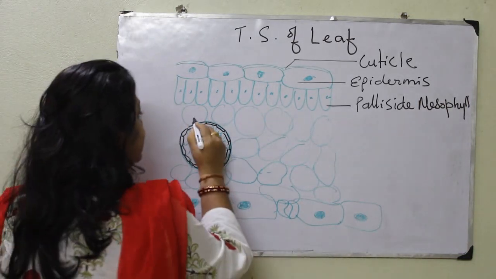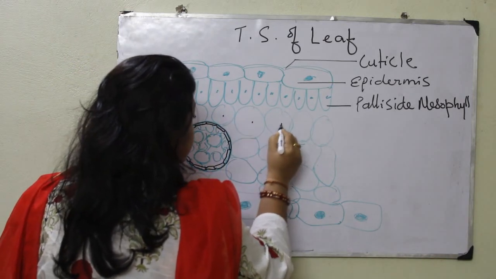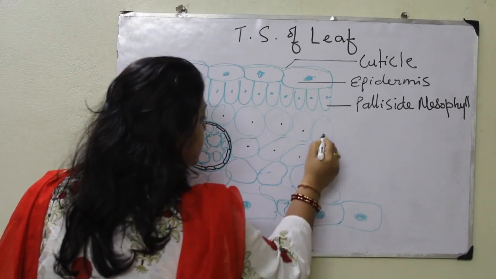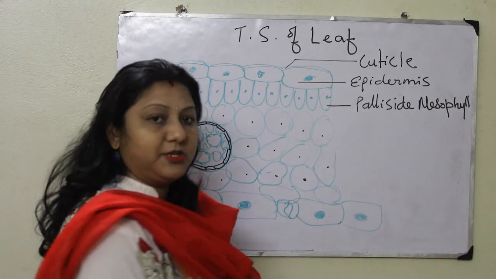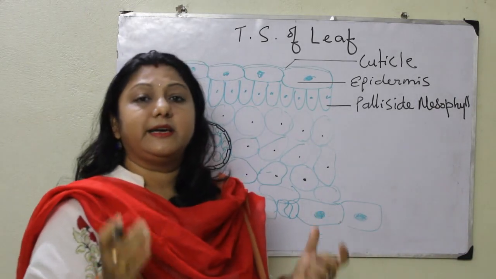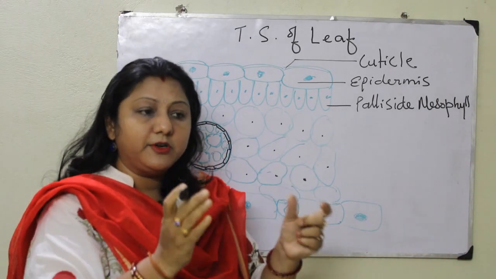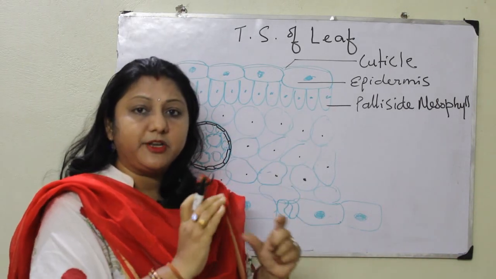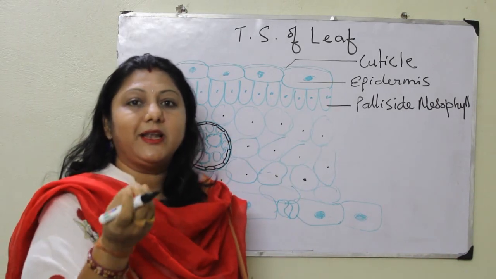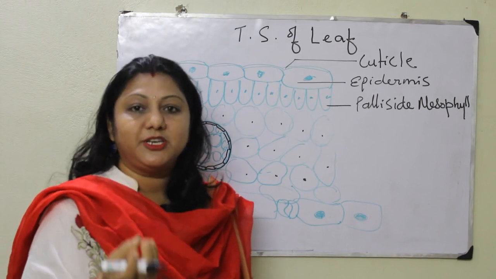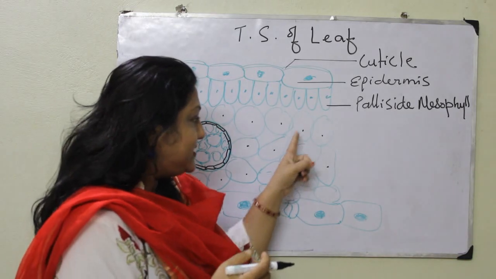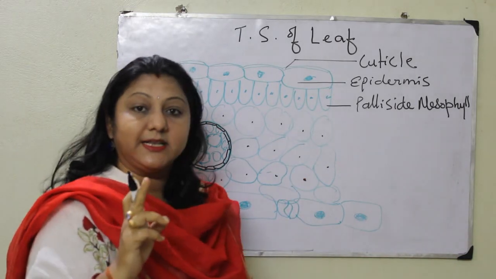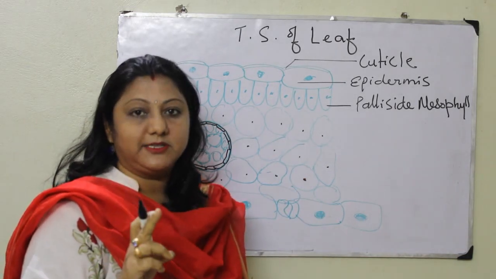And the cells which are present here are called the spongy mesophyll cells. Why are they called spongy mesophyll cells? Because they contain more air spaces in between the cells. So they look like a sponge. They are spongy in their appearance or texture. That is why these mesophyll cells are called the spongy mesophyll cells.